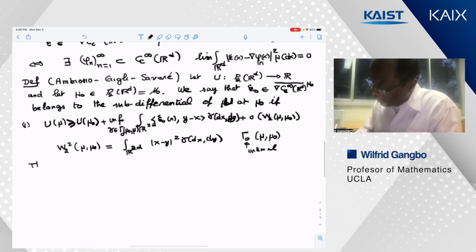We have the following theorem, which is due to me and Tudorescu.